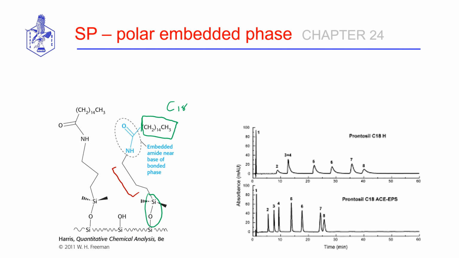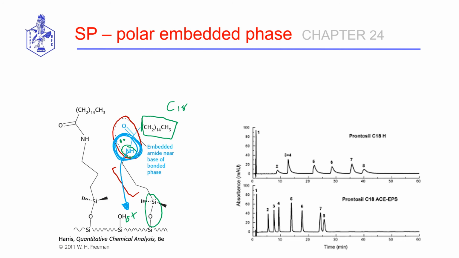And then we're going to put an amide group here. And so obviously the amide group has an NH group. The nitrogen has a lone pair of electrons. Okay, remember on the surface, the silanol sites are acidic. The hydrogen is slightly positive. So this amide group, the nitrogen within it, is going to bend over and hydrogen bond down to this unreacted silanol site.